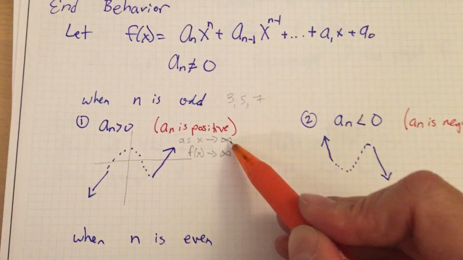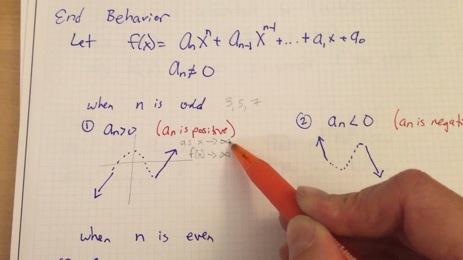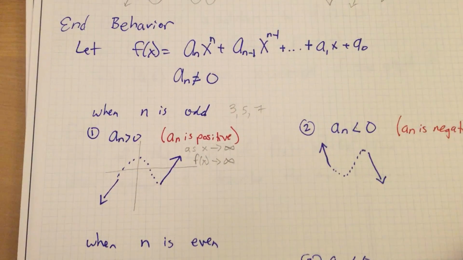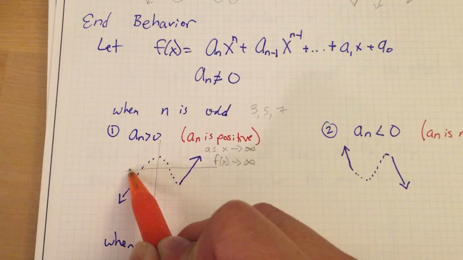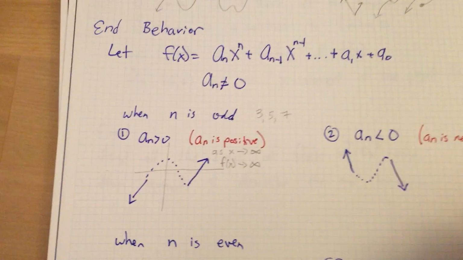So really what this tells me is this is the end of my domain, right? So my domain is ending at infinity. Where's the end of my range really going? It's also going to infinity. So if you're looking at this side, as my x is getting smaller and smaller, where do you notice the arrow is pointing? It's pointing down, right?